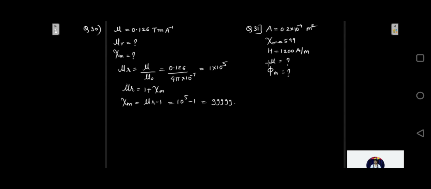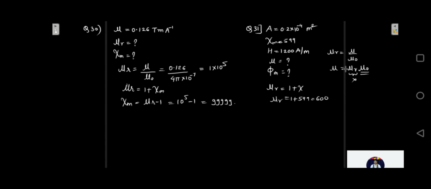Okay, so first let us find out permeability. To find out permeability, we are going to use mu is equal to mu naught into mu r. That formula we can use. mu r is equal to mu upon mu naught, so mu will be equal to mu r into mu naught. So mu naught is known to us, mu r is not known. So mu r you can find out first using susceptibility. So mu r is going to be 1 plus psi, so 1 plus 599, that is 600, is going to be mu r.